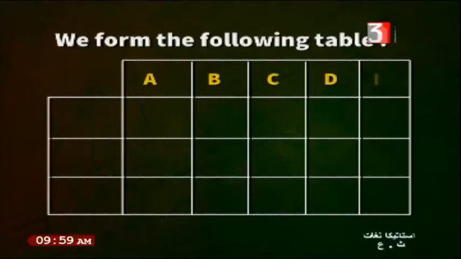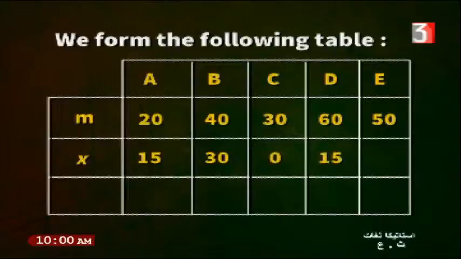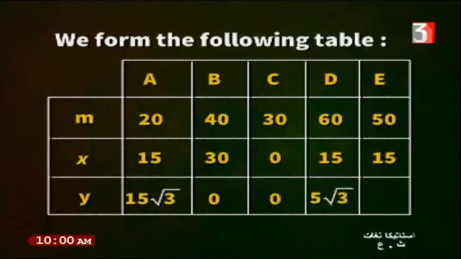We form the table. Vertex A, vertex B, C, D, and E. Masses at A 20, at B 40, at C 30, at D 60, at E 50. X coordinate at A 15, at B 30, at C 0, at D 15, at E 15. Y coordinate at A 15 root 3, at B 0, at C 0, at D 5 root 3, at E 0.